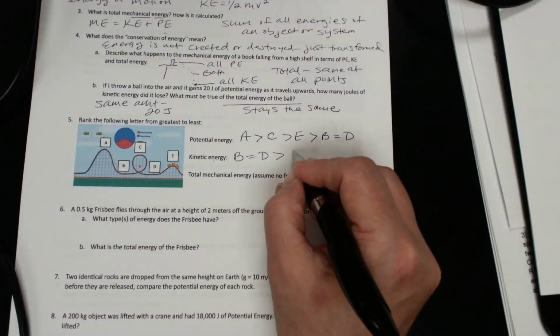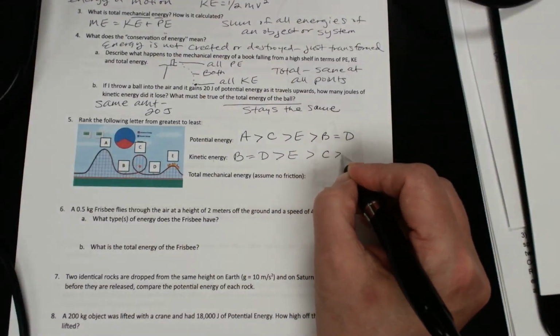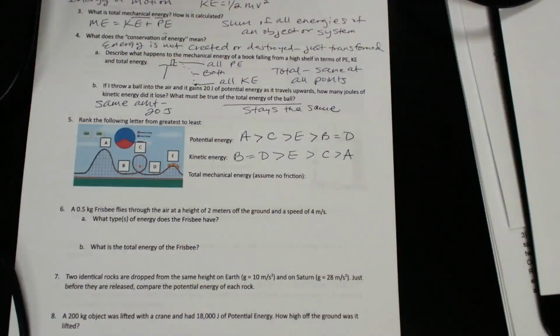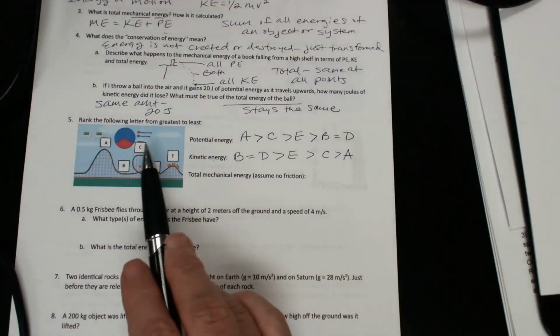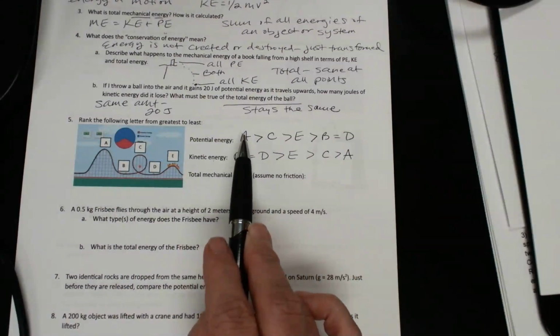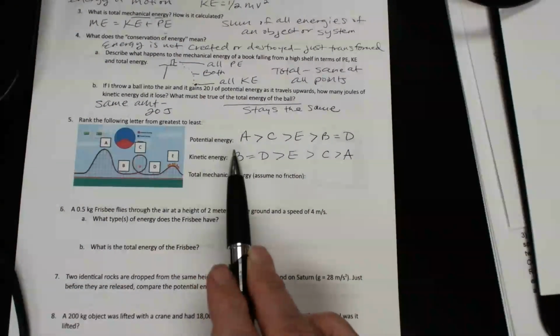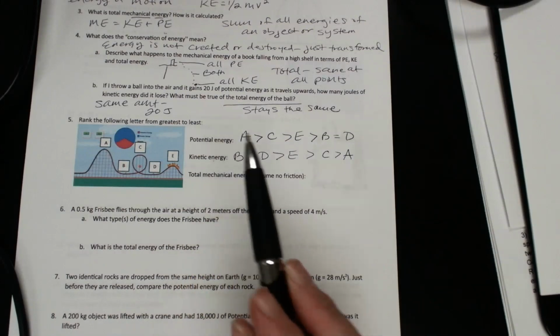So those are going to be greater than E, and then E is going to be greater than C, and then A has the lowest amount of kinetic energy because it's got the most height. Also, it's got the highest potential energy, so it's going to have the lowest kinetic, because these two are going to shift back and forth.